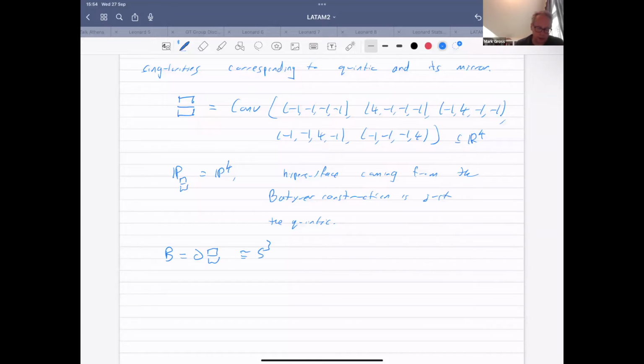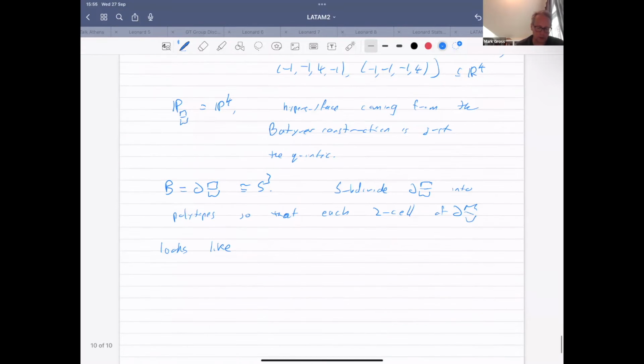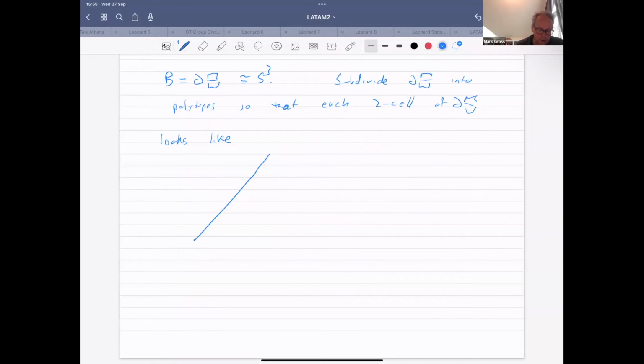I'm going to subdivide the boundary of xi into polytopes so that each 2 cell of the boundary looks like this. So here's a picture that never works very well. I'm going to try my best here.